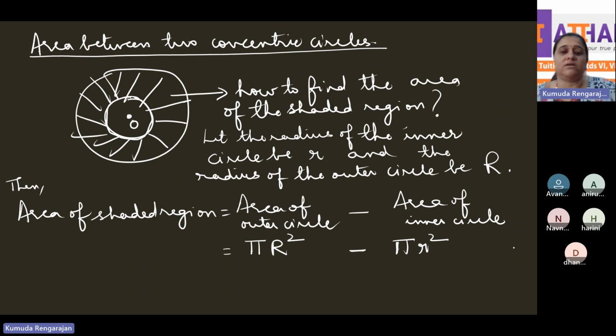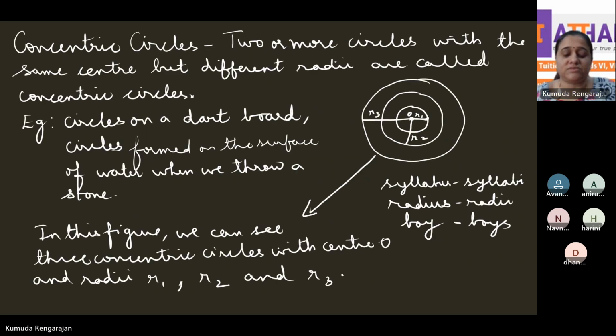Now using the distributive property, you can write pi common. This is like if you have AB minus AC, here you can see the distributive property of multiplication over subtraction.